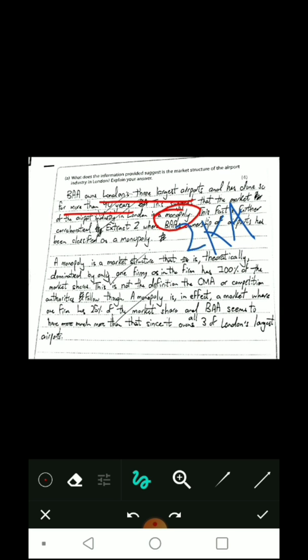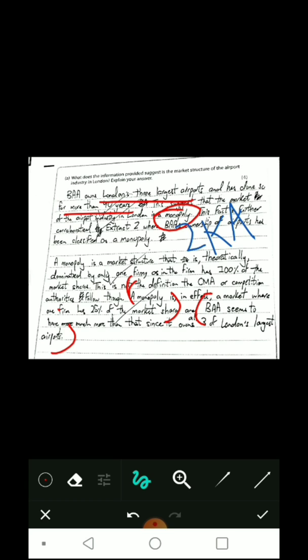So I mentioned the strict definition that it has 100% of the share, and then the more practical definition, because in real life it is quite rare that a single firm has 100% of the market share. The practical definition is a firm with 25% of the market share. And BAA seems to have much more than that, which is the application marks.